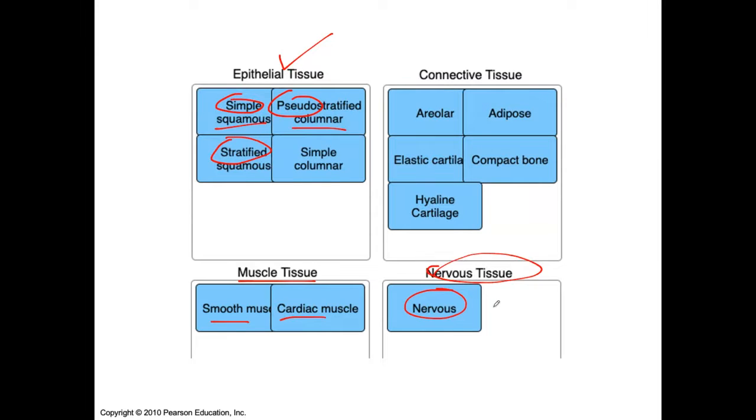I would say the neuron, neuroglial, axon, dendrite, cell body, all that relates to nervous tissue. And connective tissue, right? That's areolar, fat cells, elastic cartilage, compact bone, hyaline cartilage, blood, right? All that falls under connective tissue.